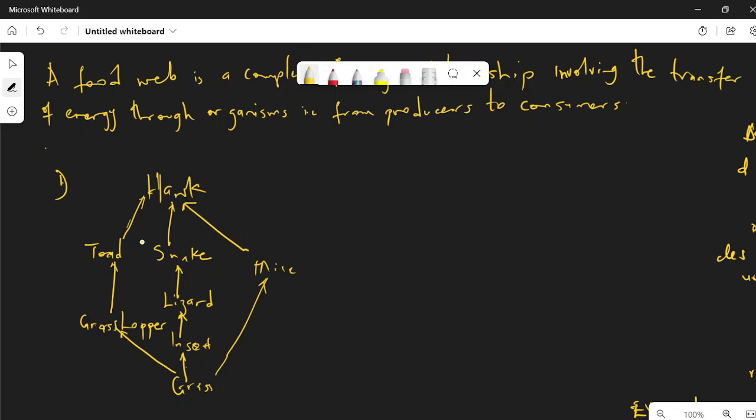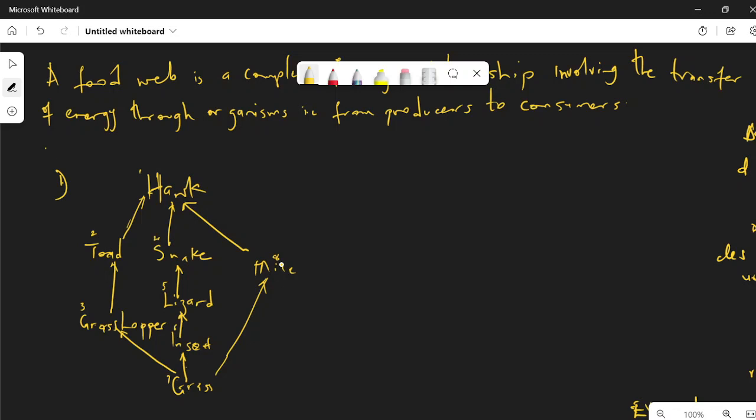Now, when we look at what I have drawn here, we notice that we have numerous organisms. At least in this here, we have 1, 2, 3, 4, 5, 6, 7, 8 organisms in this particular chain. So that is talking about the number of organisms that we have in a food web.